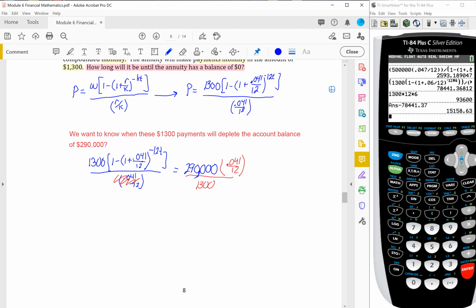So here we go. After those two computations, we should have 1 minus 1 plus the 0.041 divided by 12 raised to the negative 12t. Now on the right-hand side, let's simplify some of this.